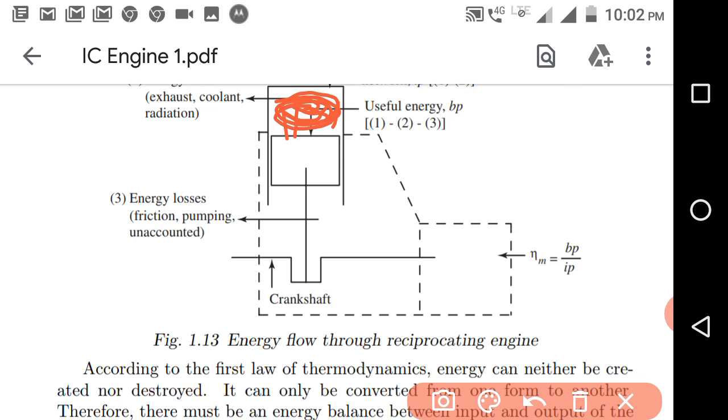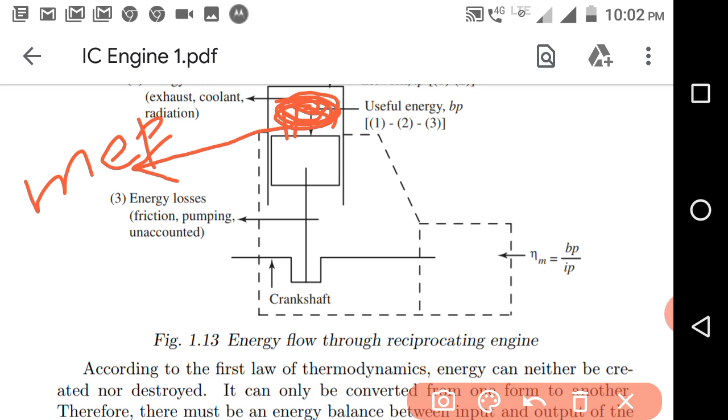Throughout the expansion process or throughout the cycle, whatever pressure is acting upon the piston, if you hypothetically find the average of that total range of pressures, that hypothetical average we call the mean effective pressure.